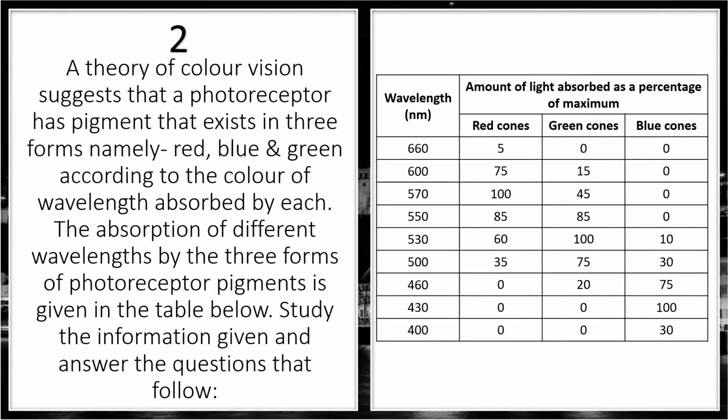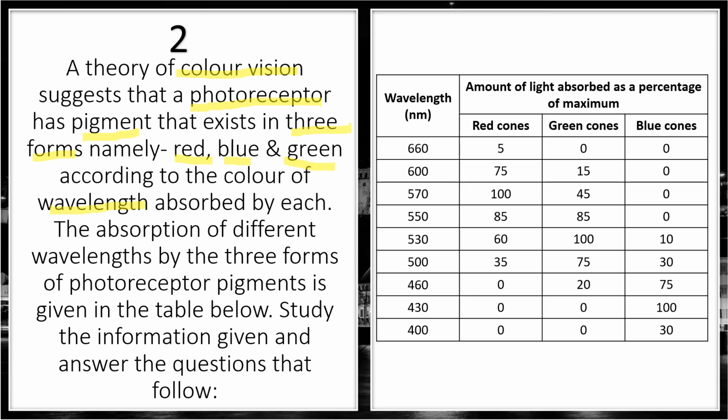Number 2. The theory of color vision suggests that the photoreceptor has pigments that exist in 3 forms, namely red, blue, and green, according to the color of wavelength absorbed by each.